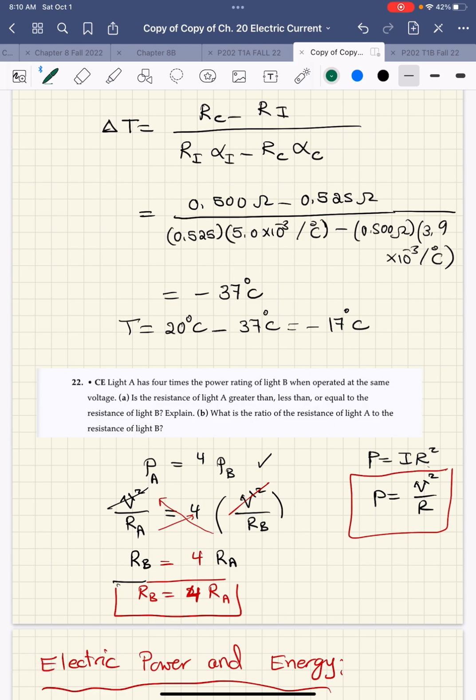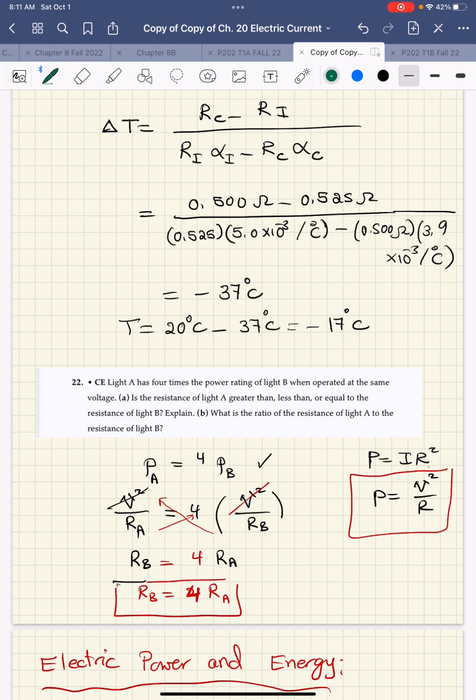A light A has 4 times the power rating of light B when operated at the same voltage. Is the resistance of light A greater than, less than, or equal to the resistance of light B? Explain. What is the ratio of the resistance of light A to the resistance of light B?